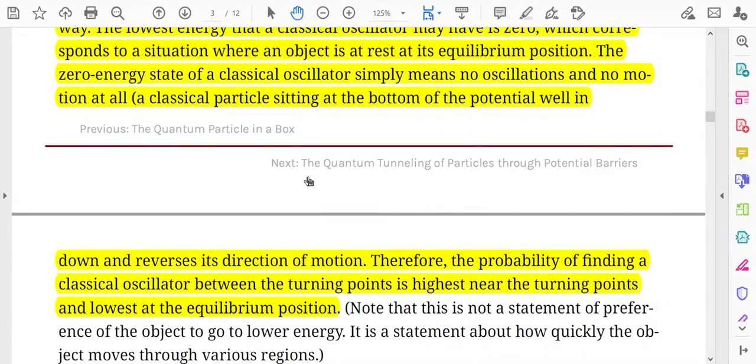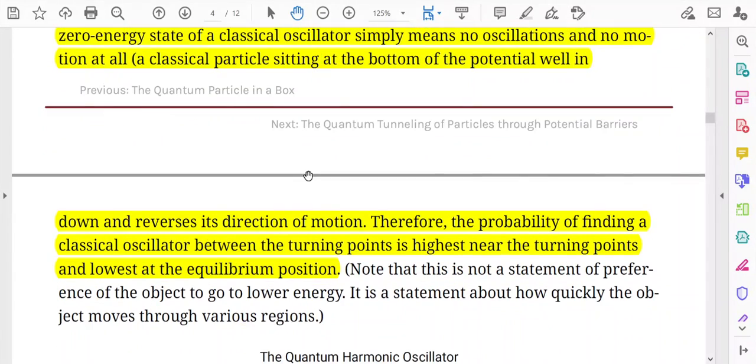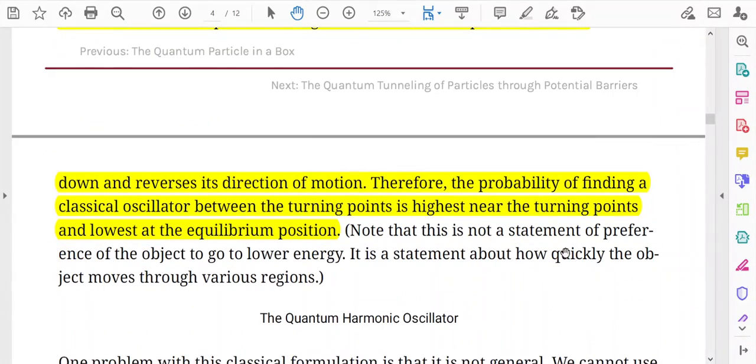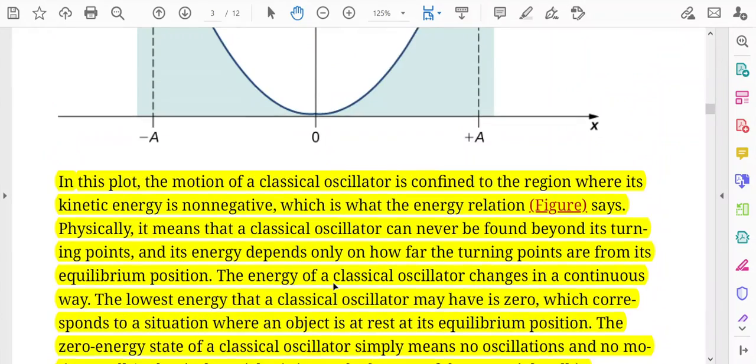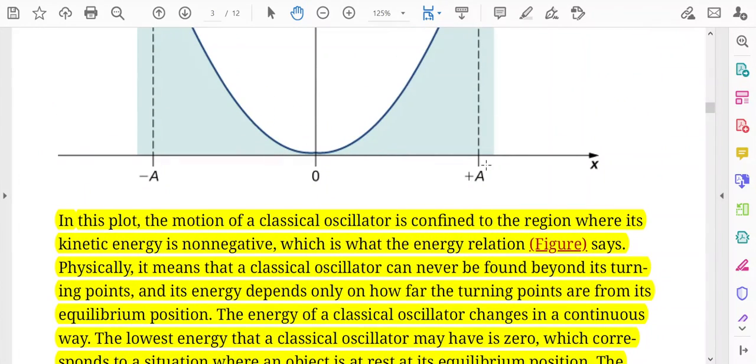But we also have to keep in mind that this is not a statement of preference of the object to go to lower energy. It is a statement about how quickly the object moves through various regions. We have said that the probability of finding the object near the turning points is maximum.